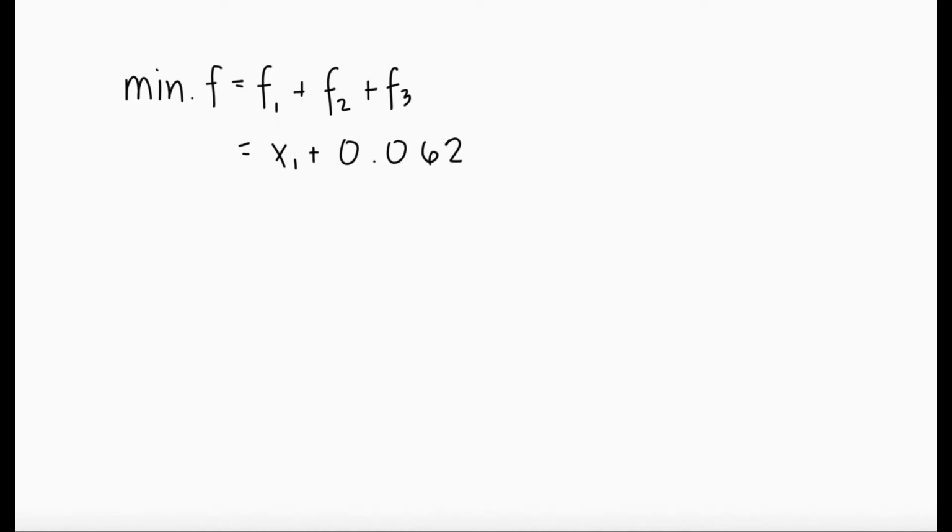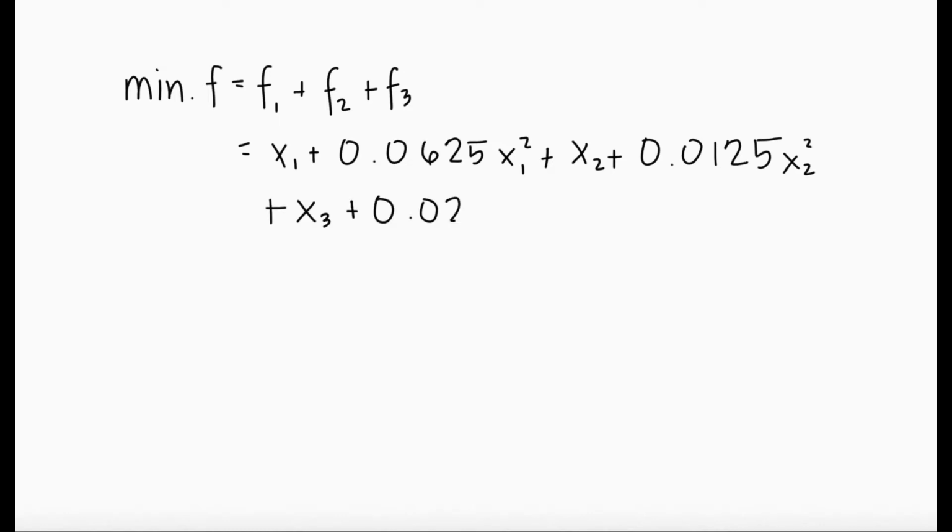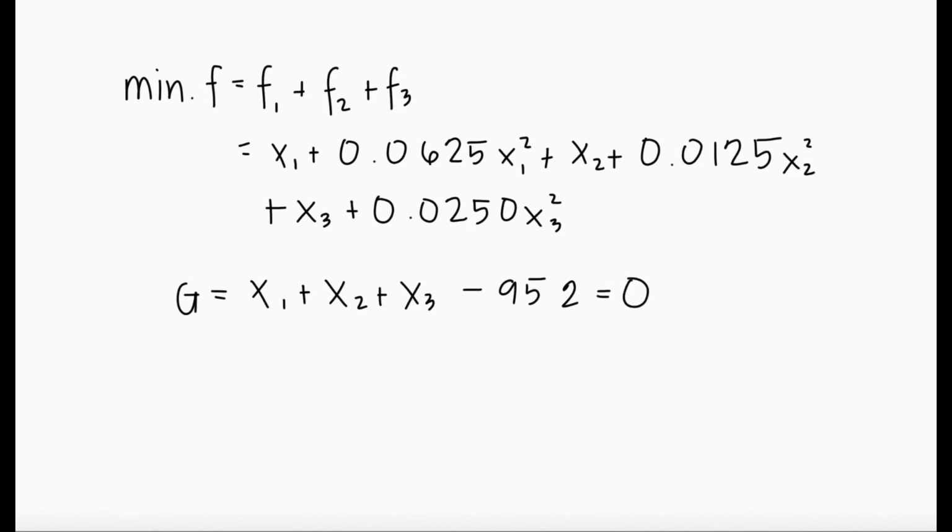The first step in determining the optimal scheduling of the generators is to express the problem in mathematical form. Thus, the optimization statement is f equals function 1 plus function 2 plus function 3. Substituting the given, we come up with the following, subject to g equals x sub 1 plus x sub 2 plus x sub 3 minus 952 equals 0.